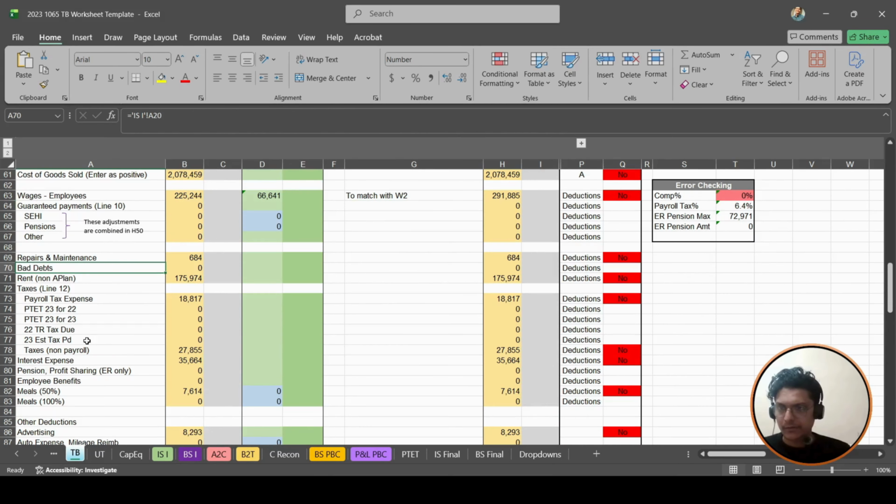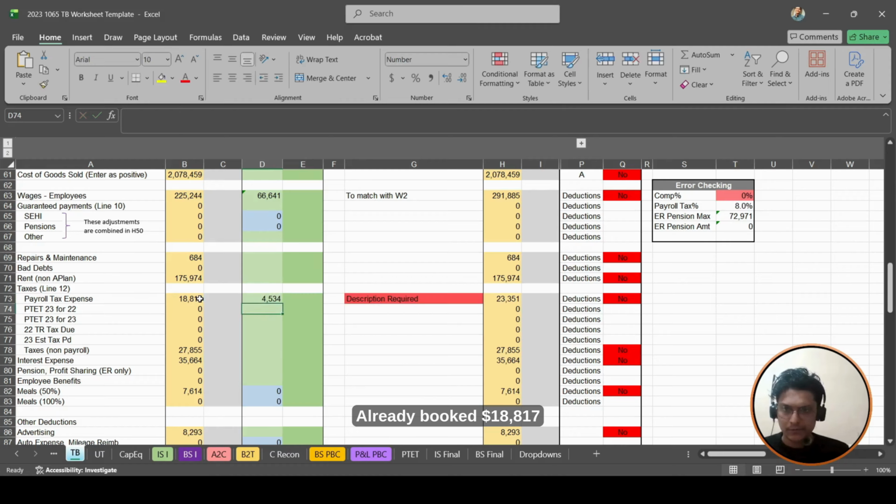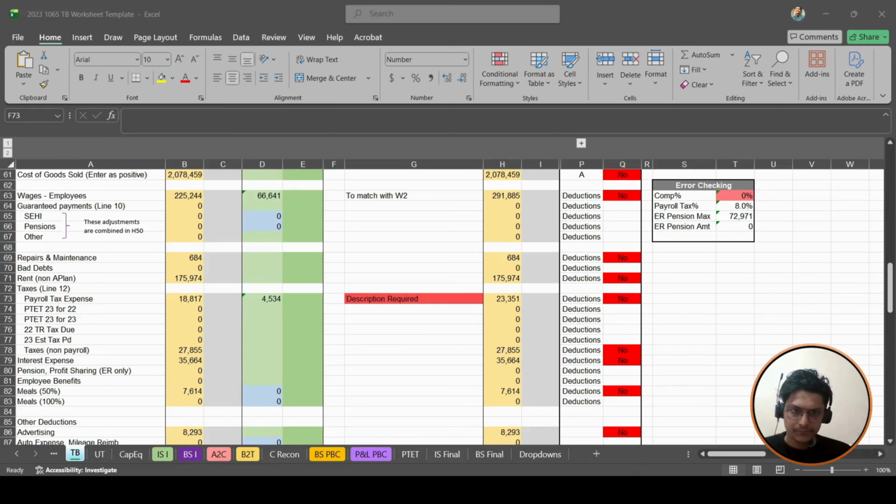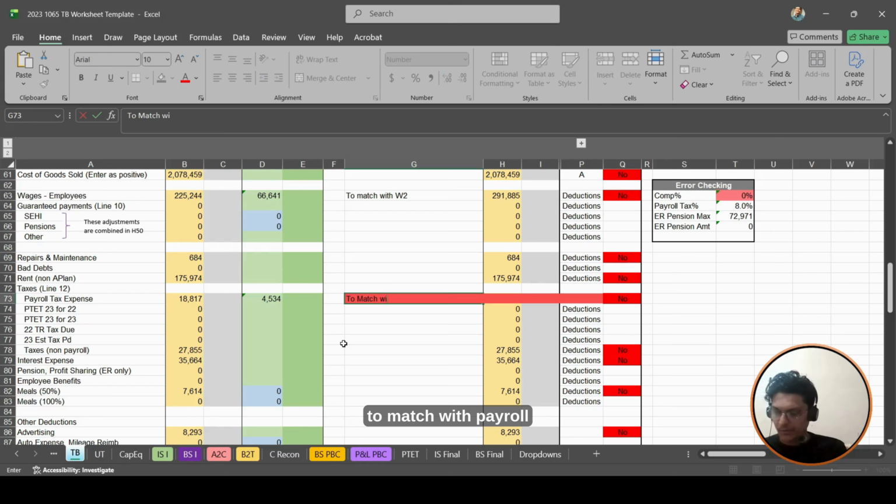Payroll taxes, here it is. 23,351 less already booked 4,534, to match with payroll details.